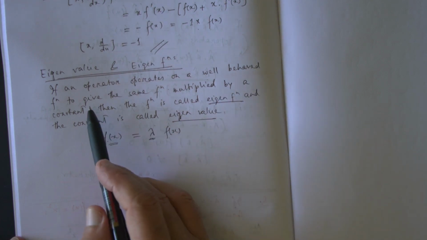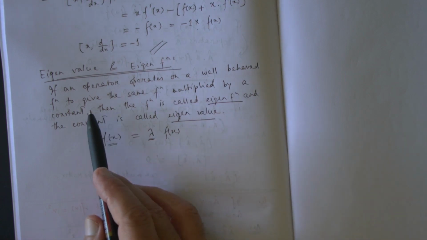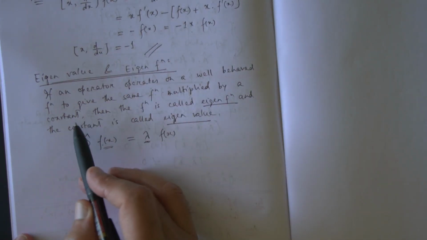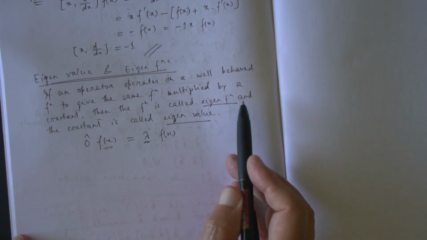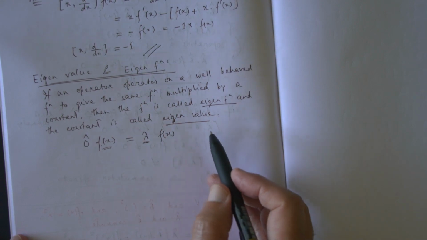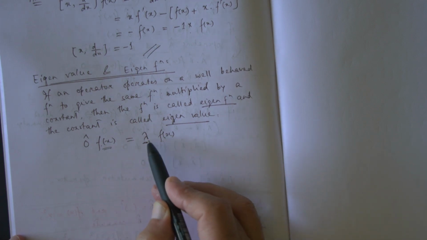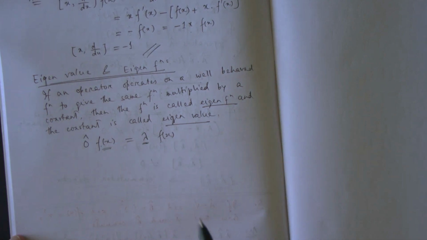If an operator operates on a well-behaved function to give the same function multiplied by a constant, then the function is called eigenfunction and the constant is called eigenvalue. This is the operator, function, same function, constant. So this constant is the eigenvalue and this function is the eigenfunction.